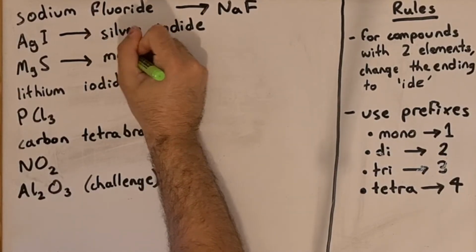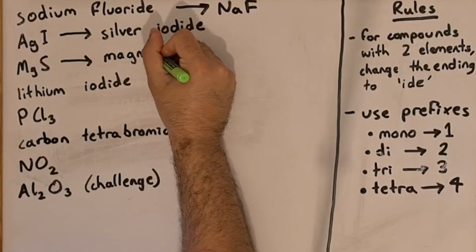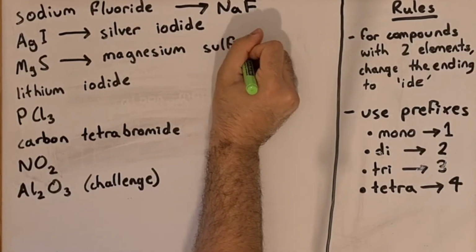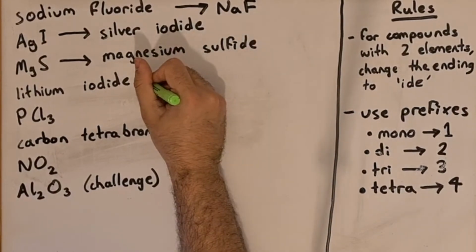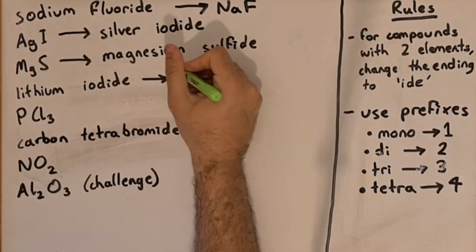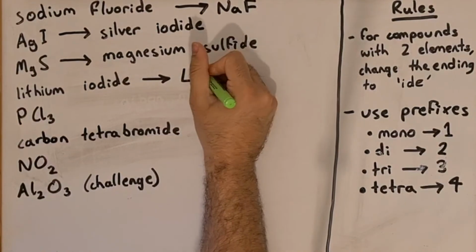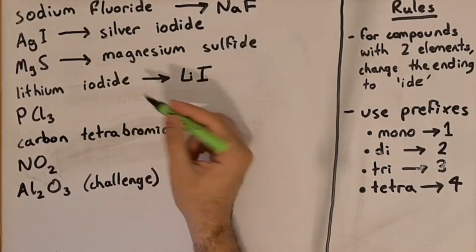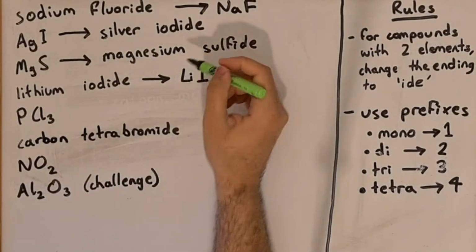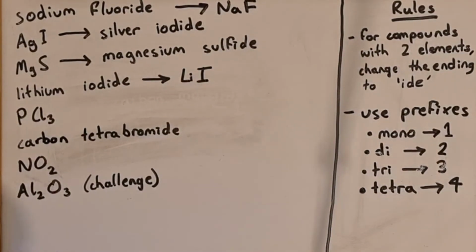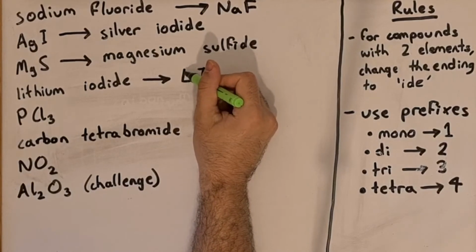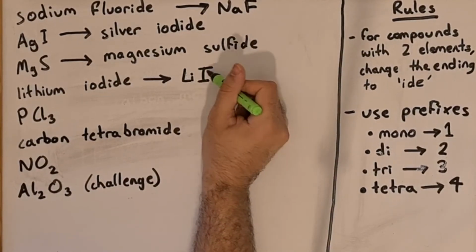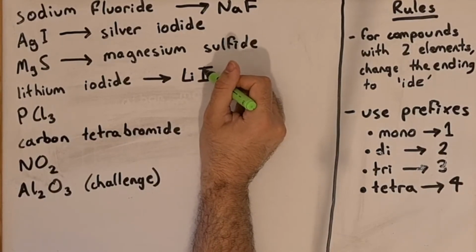MgS would be magnesium for Mg, sulfide. Lithium iodide would be Li for lithium, and capital I for the iodine in lithium iodide. Make sure you get your capital letters in the right place. So each chemical symbol should only have one capital letter. So the chemical symbol for lithium only has a capital L, and the chemical symbol for iodine has a capital I.